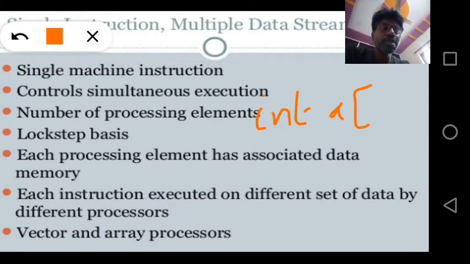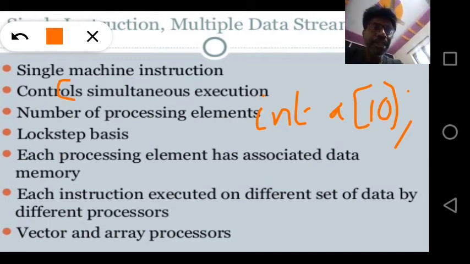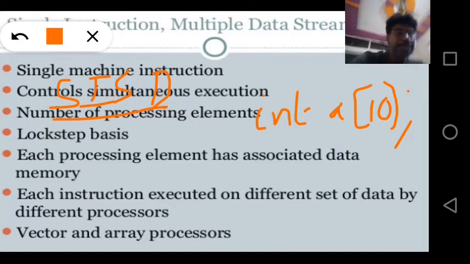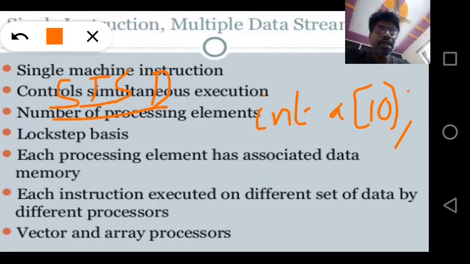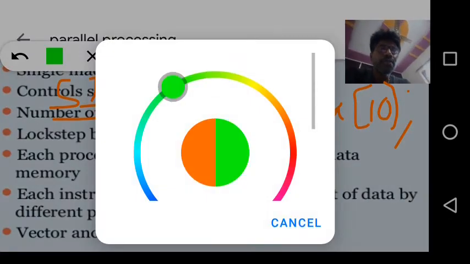Now I want to store values in this array. In case of SISD, single instruction, single data, since I can access only one array element at a time, I have to use a for loop.